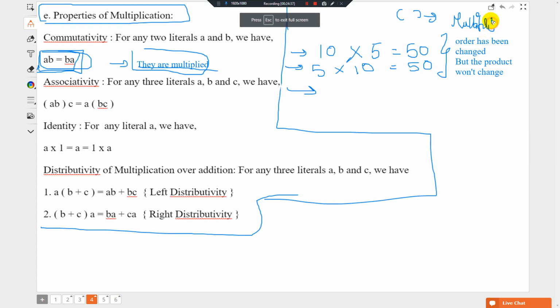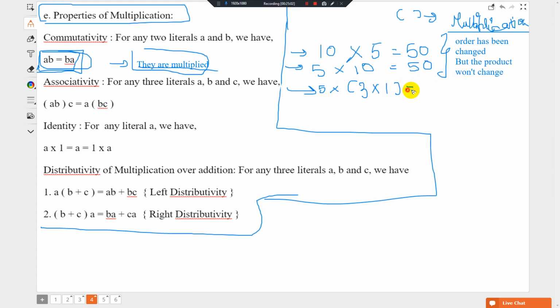This bracket denotes multiplication. And here we know if there is no symbol between two literals, that's also multiplication. For example, 5 into 3 into 1.